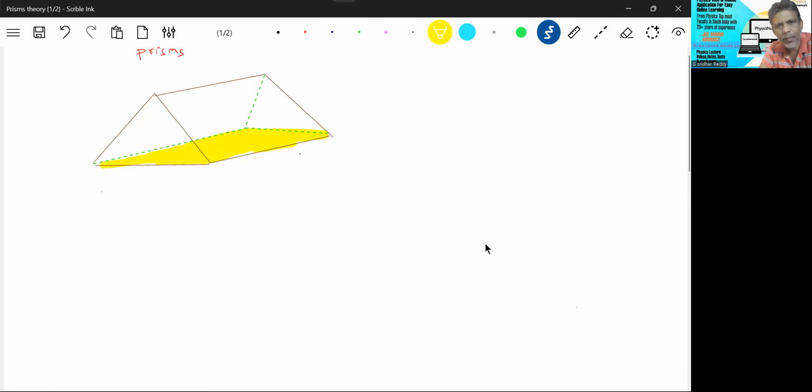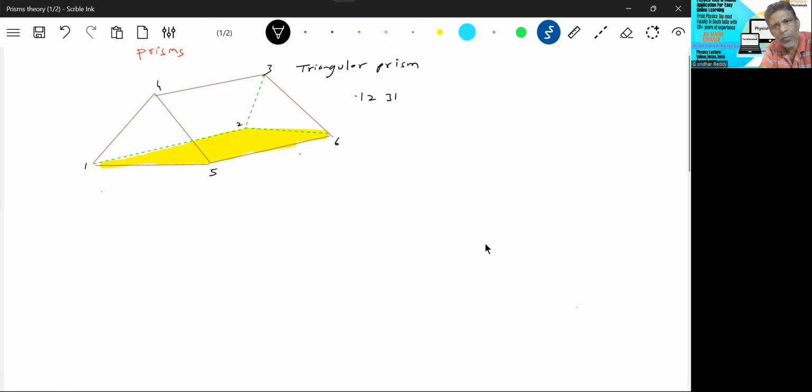This rough diagram, what we are discussing, is a triangular prism. So this will be 1, 2, 3, 4, 5, 6.